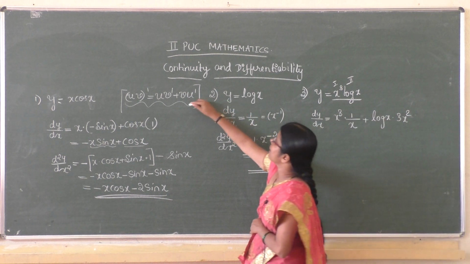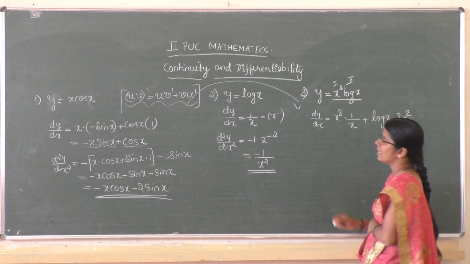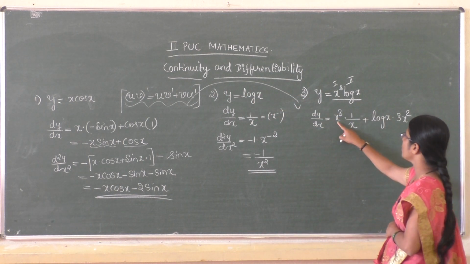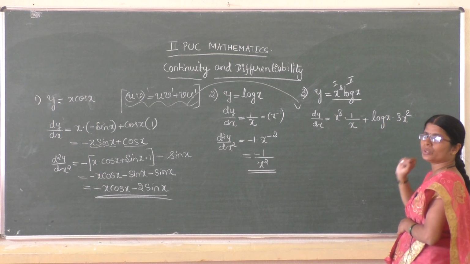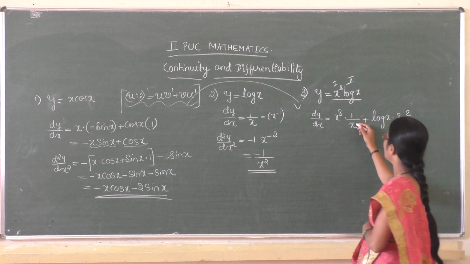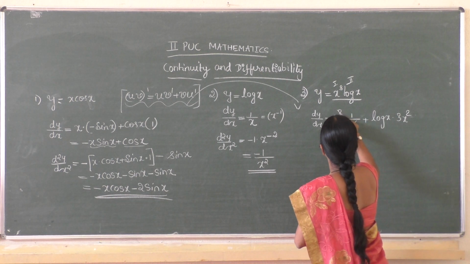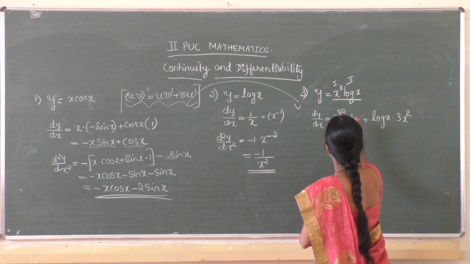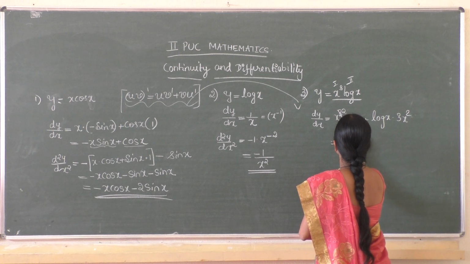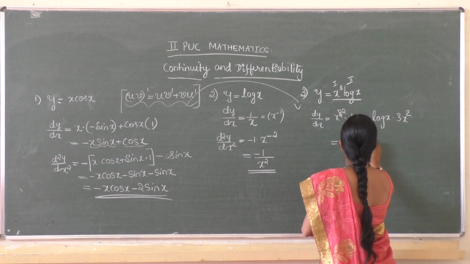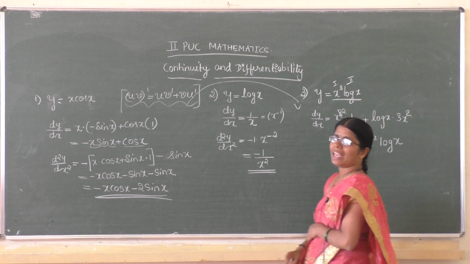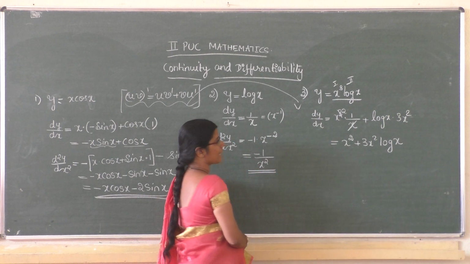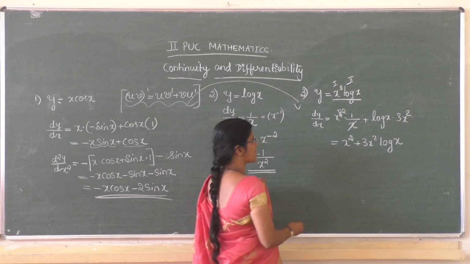Now x cube into 1 by x, the x cancels, so we get x square. So dy by dx is x square plus 3x square into log x.